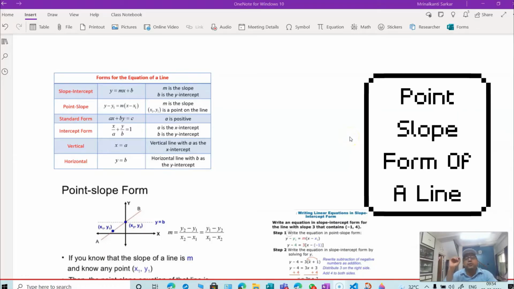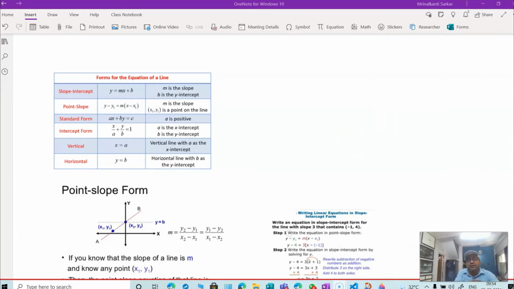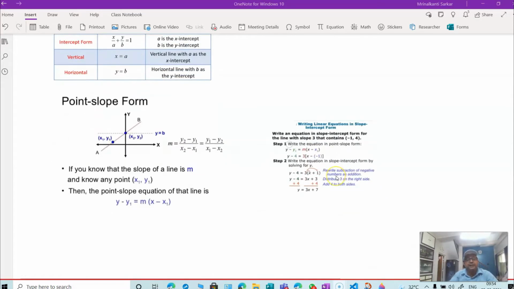This is called point slope form, or better to say one-point form of the equation of a line. What is one-point form? Let me explain. One-point form is the equation of a line passing through a point.